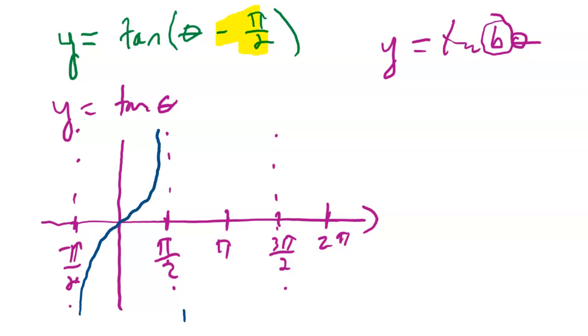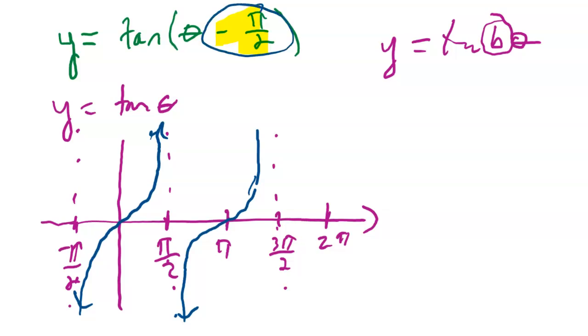I'm making the assumption you already know how to draw a tangent, so I'm not plotting points. That's what my tangent graph looks like. And I'm going to move right pi over 2. Imagine this point here is going to move over pi over 2.